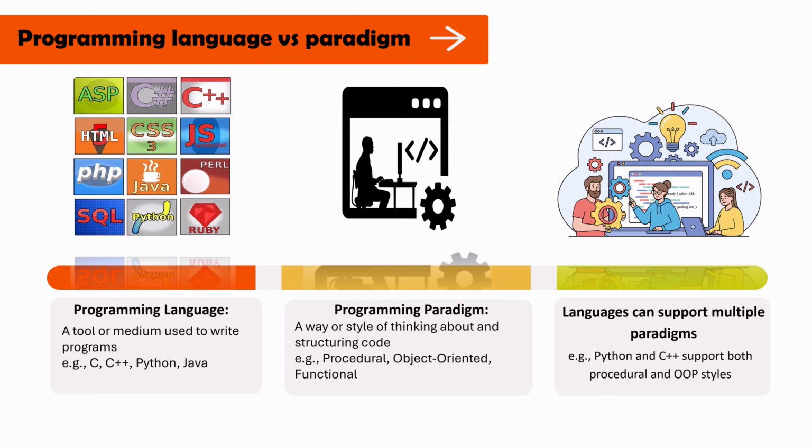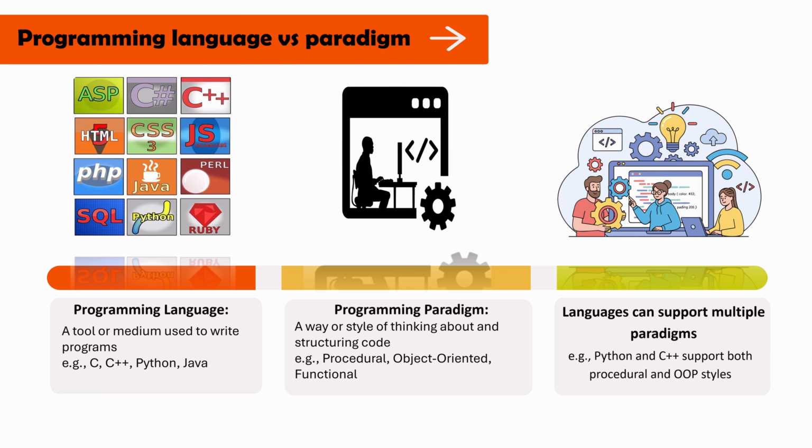Here's where it gets interesting. Most modern languages aren't tied to just one paradigm. For instance, C++ was originally procedural but evolved to include strong object-oriented features. Python supports both procedural and object-oriented styles. You can write plain scripts with functions or define classes and objects.